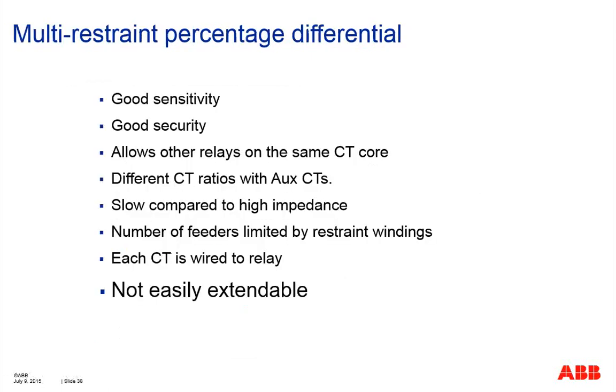So the summary for multi-restraint percentage differential: good sensitivity, good security, allows other relays on the same CT core, different CT ratio between auxiliary CTs, slow compared to high impedance, but scale is relatively fast. The number of feeders is limited by the restraint winding.